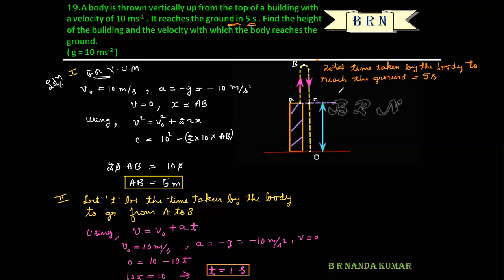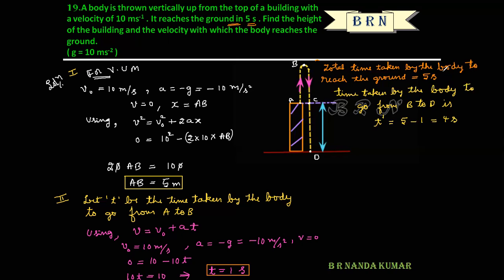So the time taken by the body to go from B to D, let us consider that T dash, is 5 total time minus 1, so this is 4 seconds.